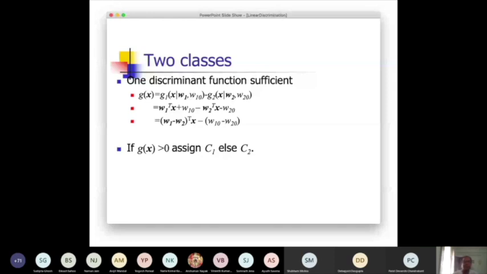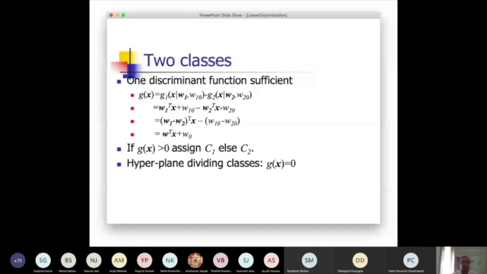So finally, the functional form becomes a single linear functional form, and there you can see the discriminant function is positive or negative, based on which the classes are assigned. So that is the scenario. And you have very few parameters in this scenario. You have only d plus one parameters.